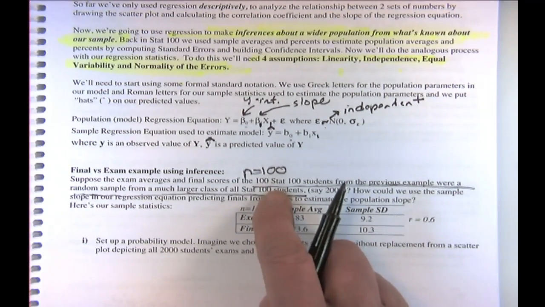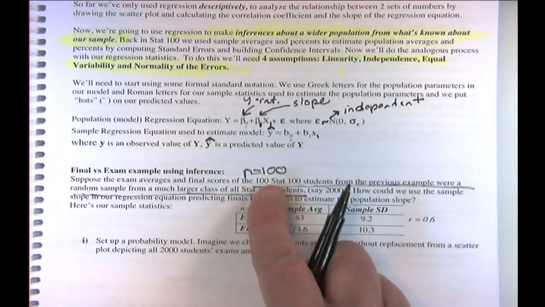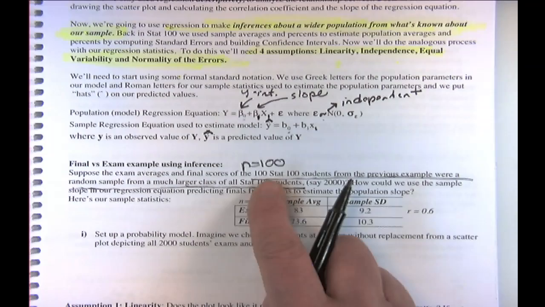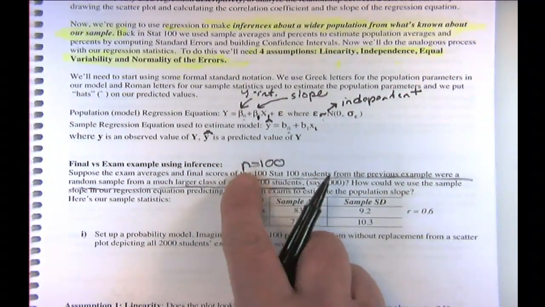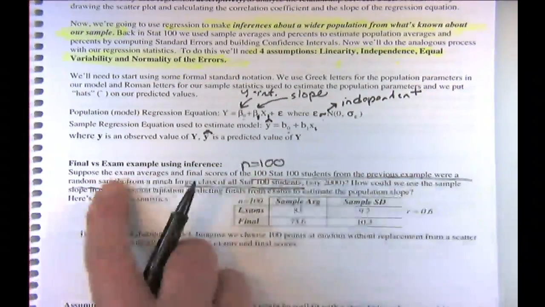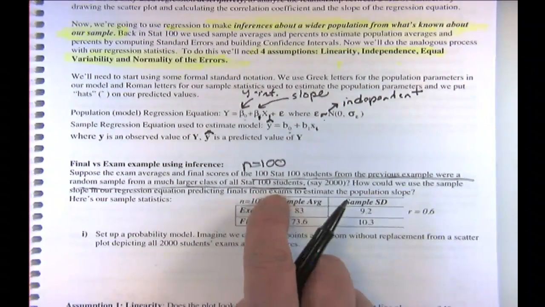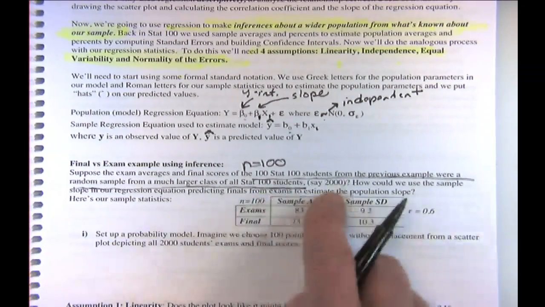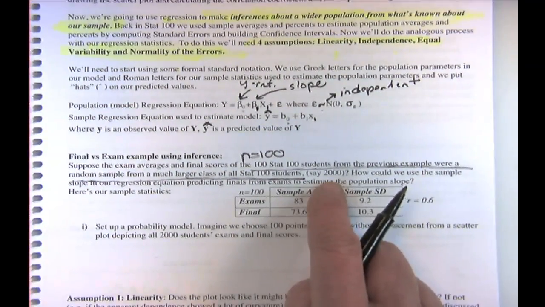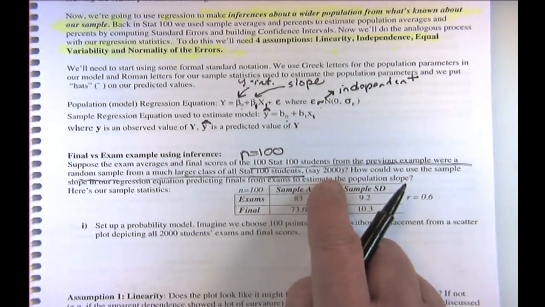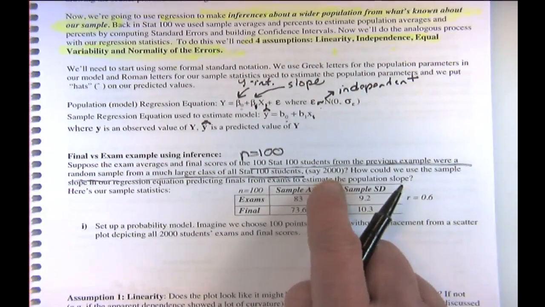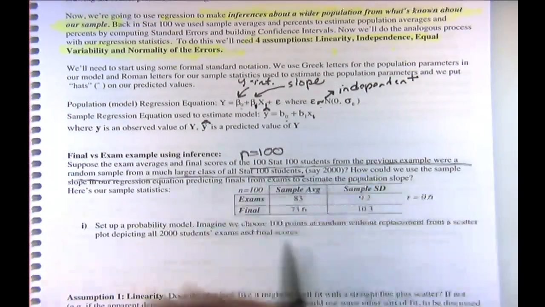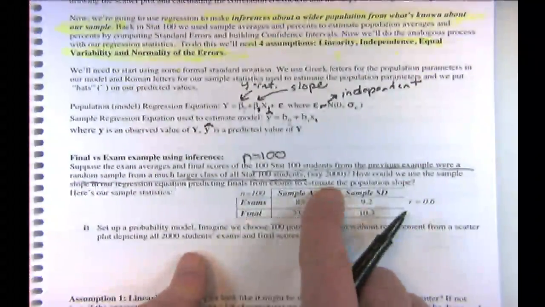It's going to figure in, because the bigger the sample, the more accurate our prediction will be about the whole population. It's a random sample from a much larger class of Stat 100 students. Let's say 2,000. And let's say we didn't have data on all 2,000, right? We could even say from the whole U of I, but it doesn't make sense because they didn't all take the same exams. But we did have 2,000 in Stat 100 and pretend it was a random sample, okay?